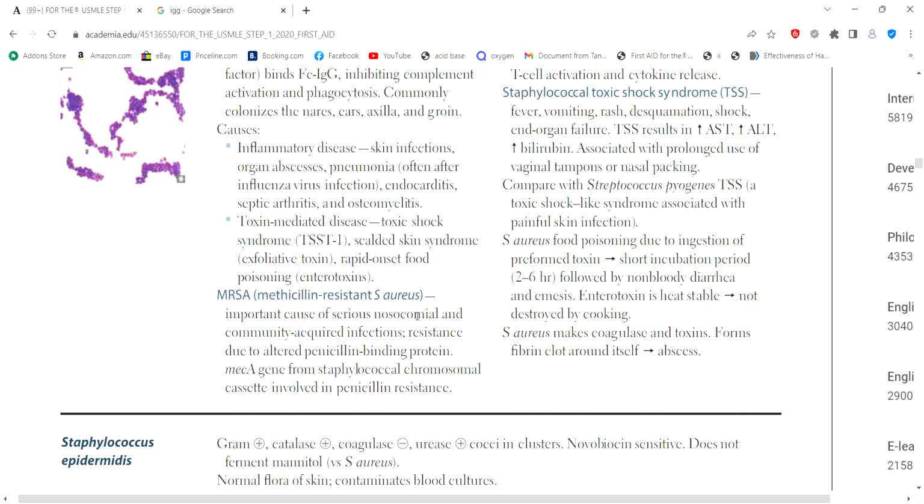Superantigens can directly activate T cells by binding to the T cell receptor, but they can still bind to MHC II and then activate T cells.